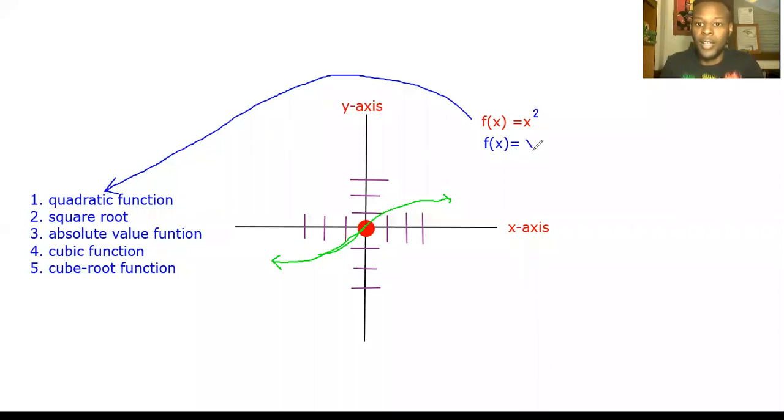Okay, so I'll write the square root of x. That is a parent function for number 2. Now, number 3. I can change the color to red again. I'll just stick with red and blue, because it's a cute pattern. Then we have the function of x is equal to absolute value. Okay, it's going to look like this.